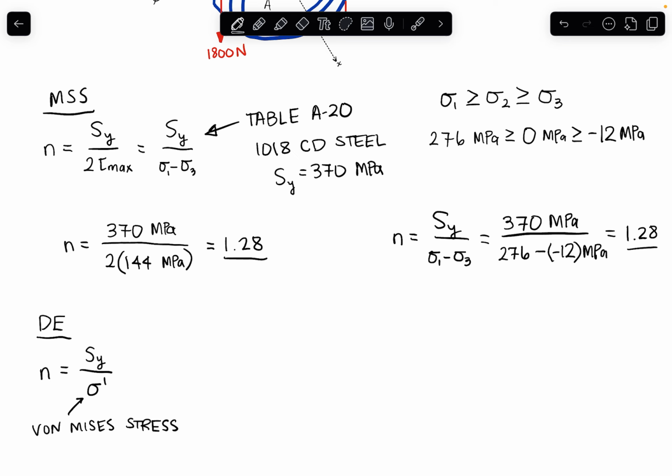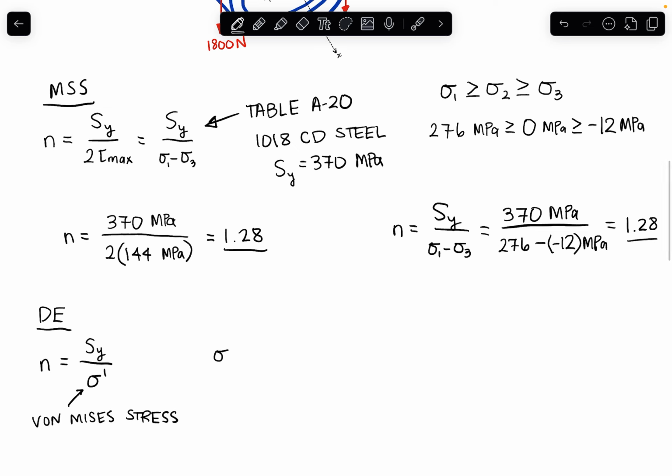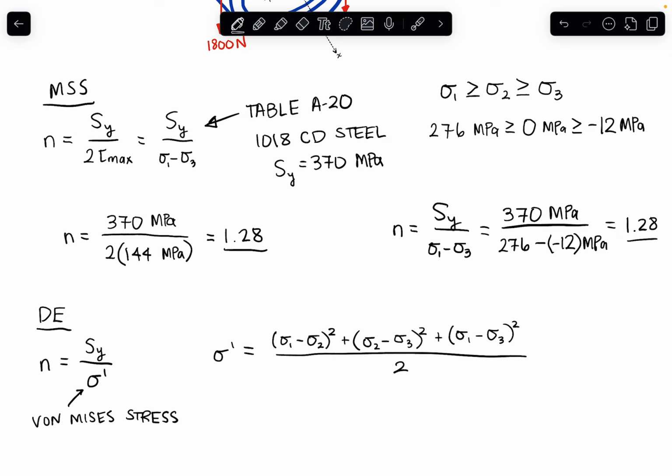And for our sigma prime equation, I'm going to use the form that has principal stresses, since that's what we have. So it's the square root of sigma 1 minus sigma 2 squared plus sigma 2 minus sigma 3 squared plus sigma 1 minus sigma 3 squared, all of that divided by 2.